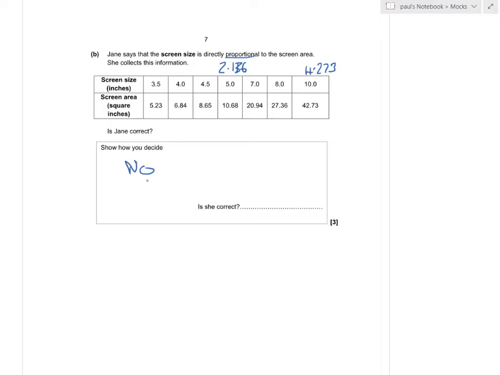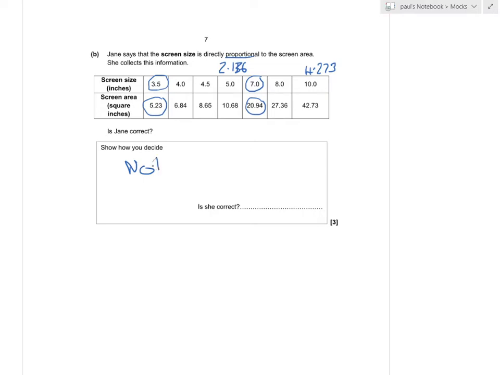Now, if they were directly proportional, they'd all be exactly the same. No. For example, see here, if you double the length there, then that should be doubled. That should be 10.46, and it's not.